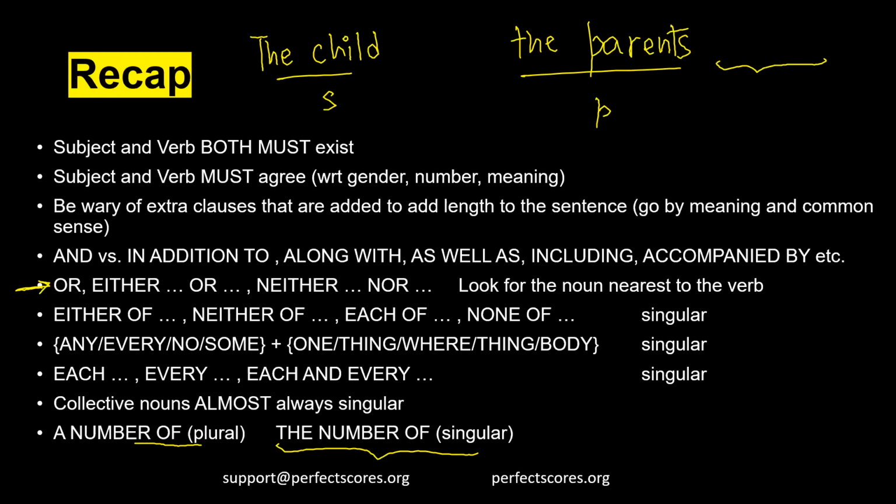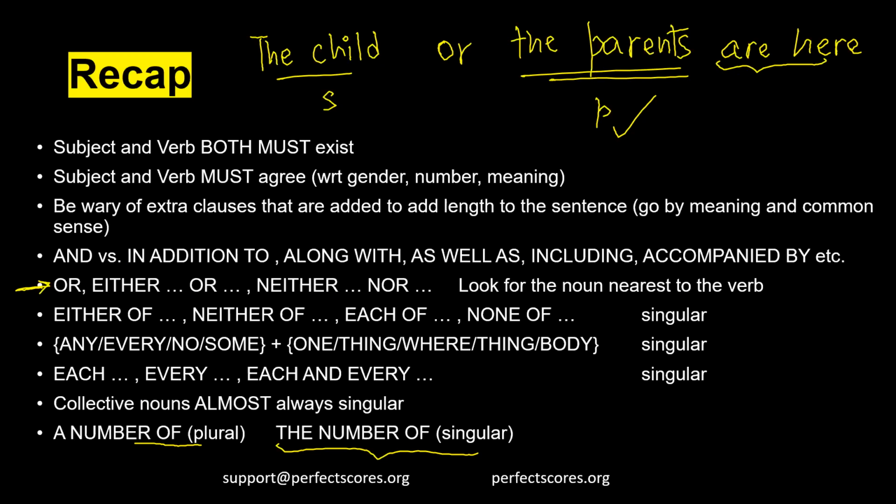You need to match with the subject or the noun that is next to it, which in this case is going to be this one. So let's say I put or: the child or the parents are here. It does not matter whether the child is singular or plural. You only have to focus on the parents, which is the subject next to the verb here.